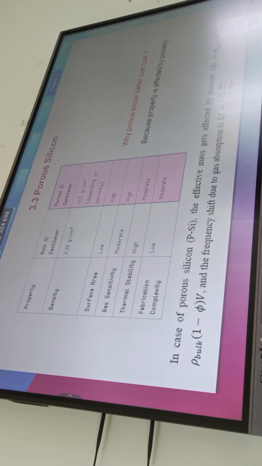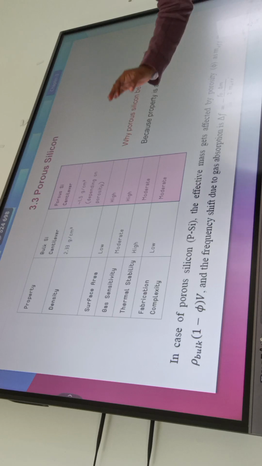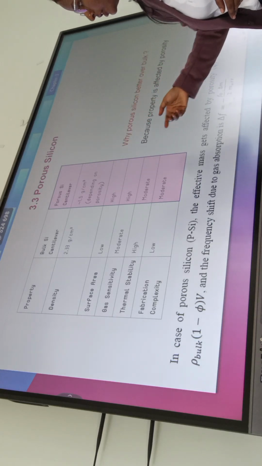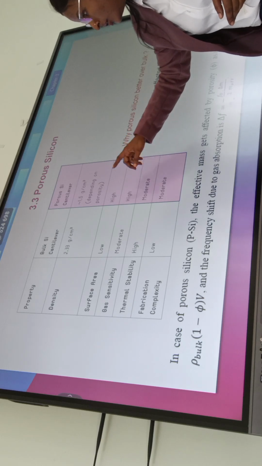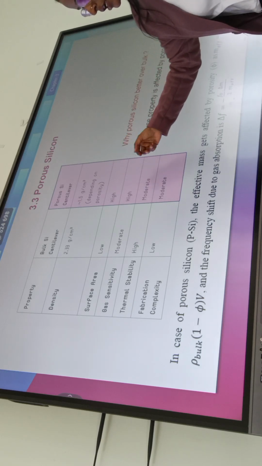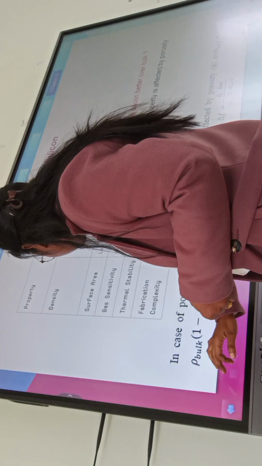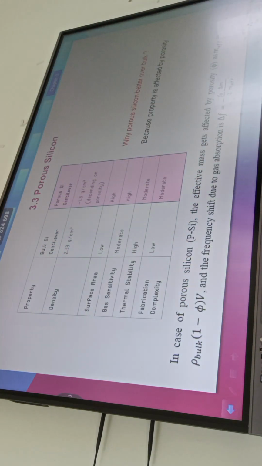So from this table we can see that porous silicon is beneficial in surface area, and it shows good gas sensitivity. So why is porous silicon better over bulk silicon?